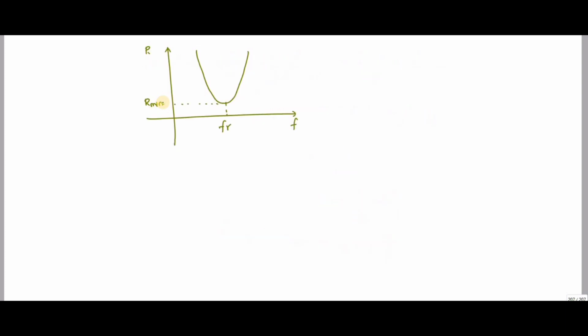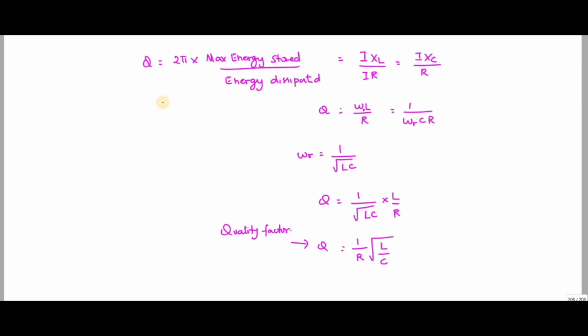So here you can see Q is equal to 1 divided by root of LC, which is omega R, and R divided by L is nothing but your bandwidth. So I can write Q is equal to omega R divided by bandwidth.